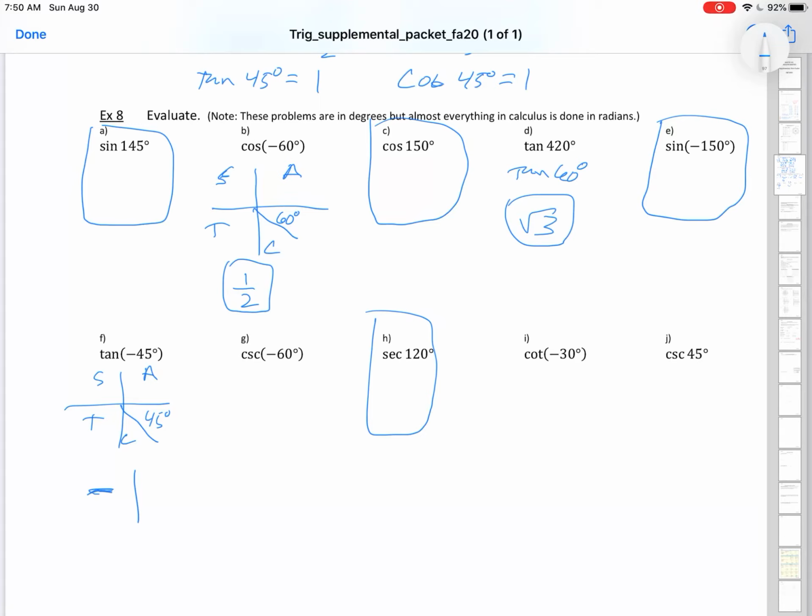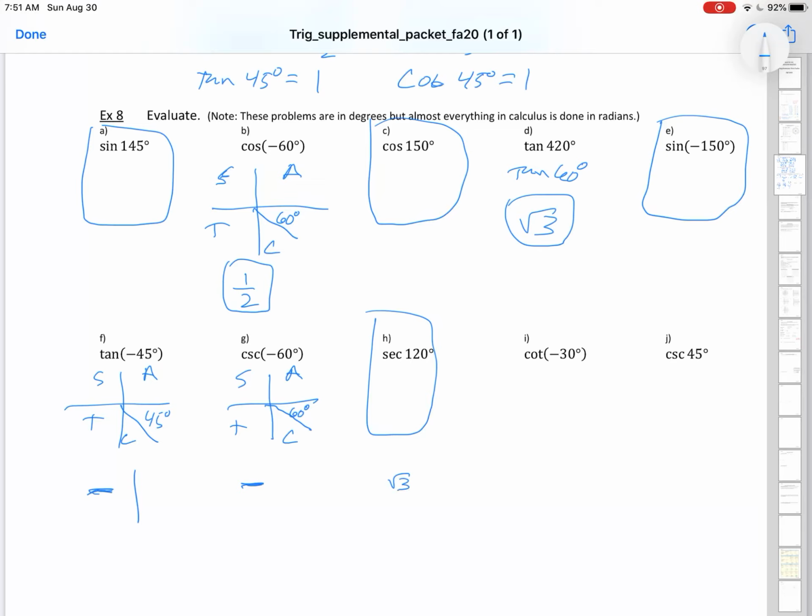And then cosecant of negative 60 degrees. Where is that? Well, the cosecant of negative 60 degrees is here, 60 degrees into it. All students take calculus. So cosine and secant are going to be positive here, so cosecant's going to be negative. And what's the cosecant of negative 60? Well, that's related to sine.